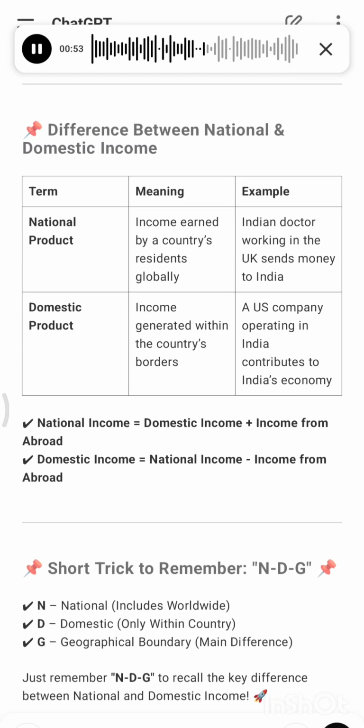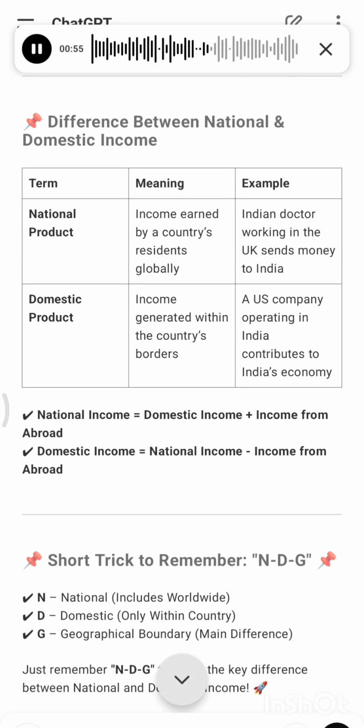Difference between national and domestic income: term, meaning, example. National product, income earned by a country's residents globally. An Indian doctor working in the UK sends money to India. Domestic product, income generated within the country's borders. A US company operating in India contributes to India's economy.